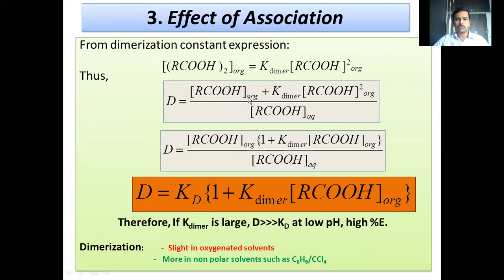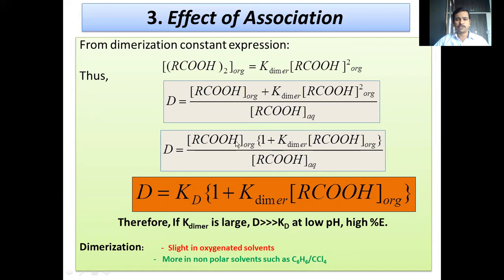So D is equal to the concentration of the free carboxylic acid in the organic phase plus K dimer times the concentration of free carboxylic acid to the power 2 in the organic phase, divided by the concentration of the acid in the aqueous phase. The next step, D is equal to, you take this as a common factor, the RCOOH concentration in the organic phase times 1 plus K dimer times the concentration of RCOOH in the organic phase, divided by the concentration of RCOOH in the aqueous phase.